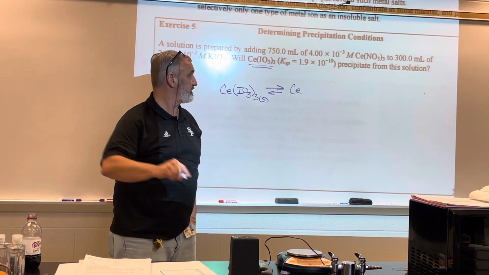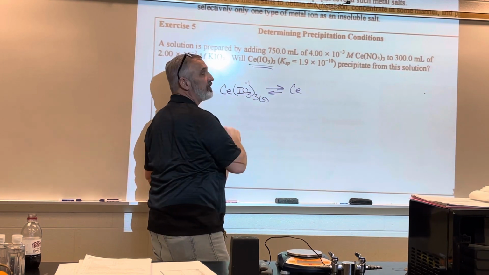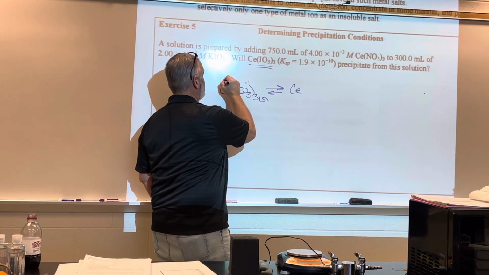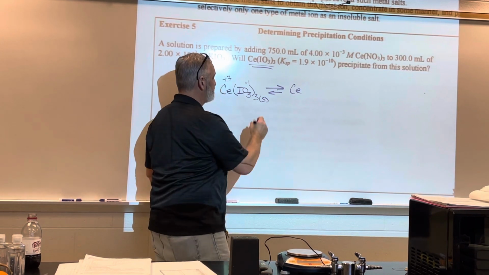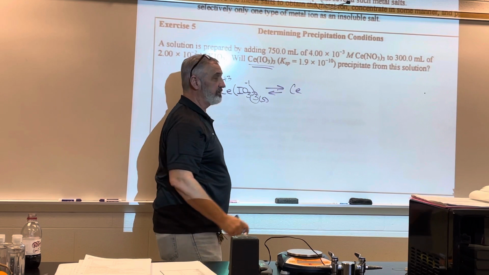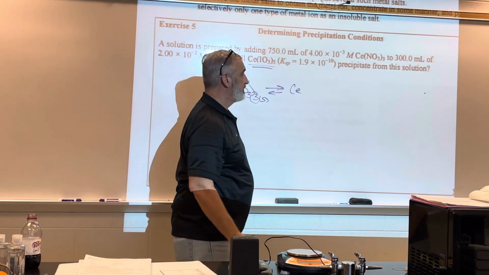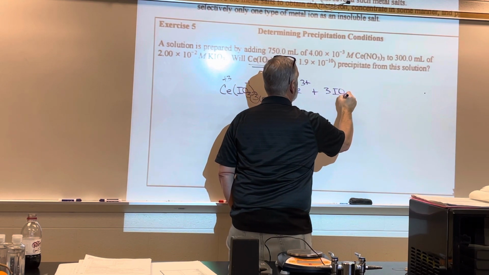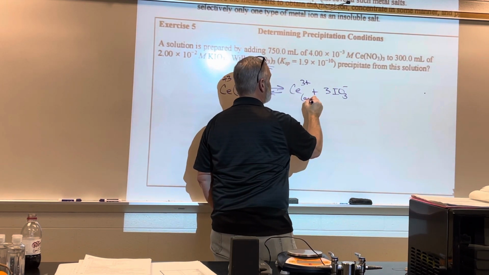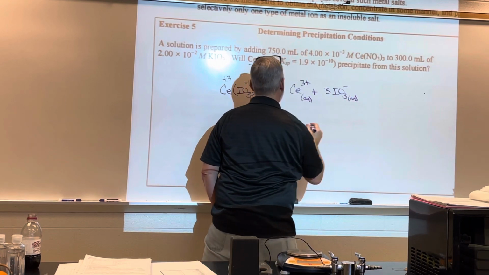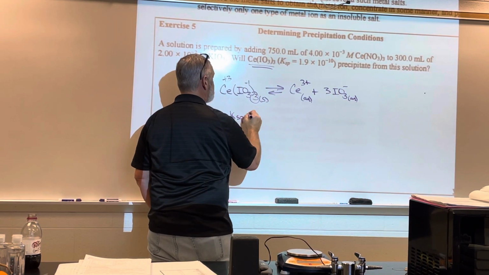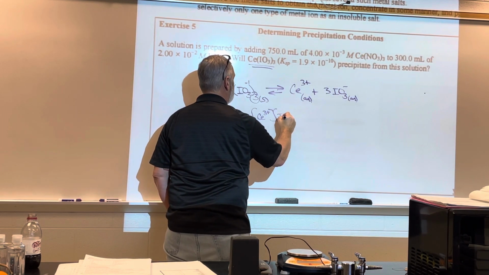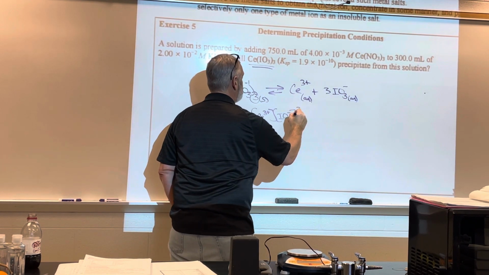Since there's 3 of them, what must be the charge on cerium? +3. Generally speaking, whatever that number is going to be the charge up there. So it's going to go to cerium 3 plus and 3 IO3 minuses, aqueous. So my KSP expression is going to be cerium 3 plus times IO3 minus cubed.